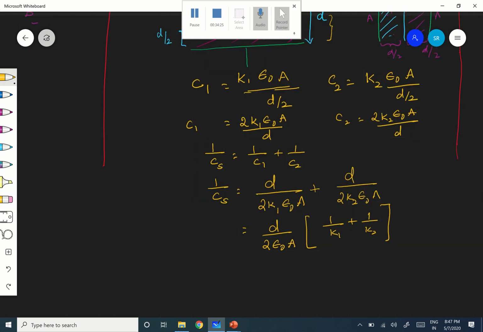That is nothing but D divided by 2 epsilon naught A into K1 plus K2 divided by K1 K2.